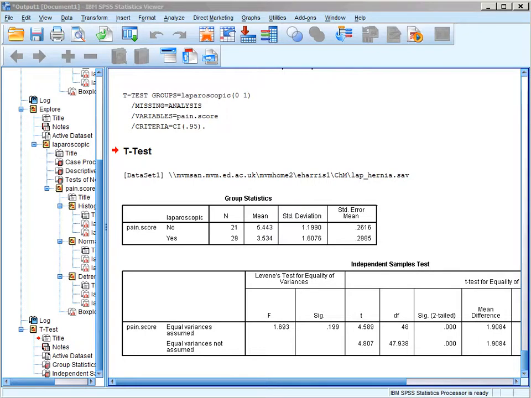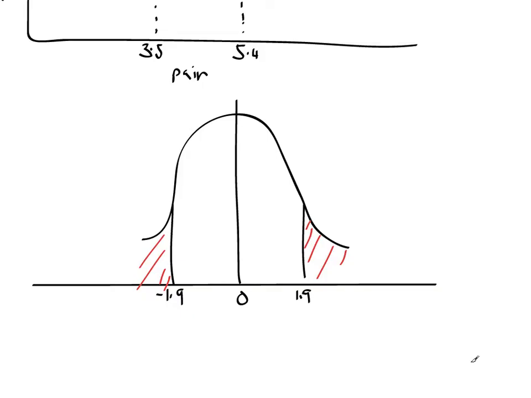So what does it tell you? Well, it gives you a t-value of 4.807, which is associated with a significance level, sig two-tailed, which is the p-value, of effectively 0. What does that actually mean? Let's go back to our graph here.